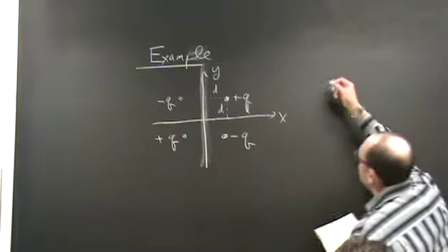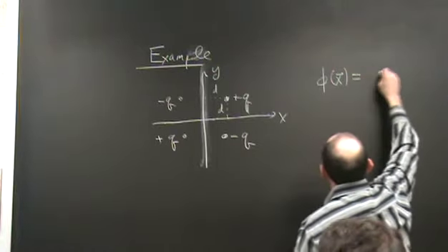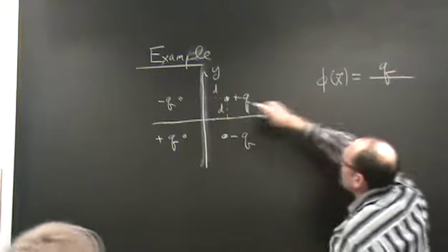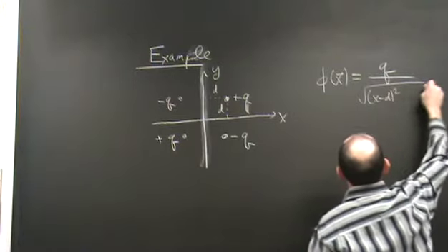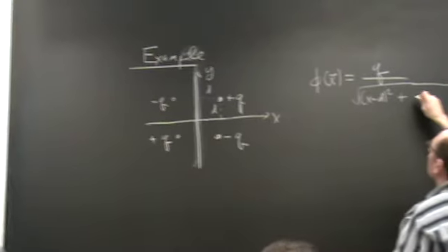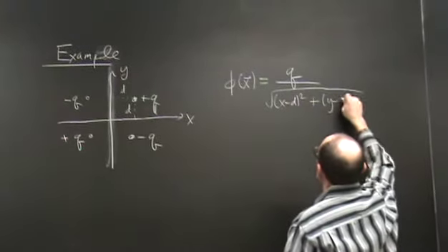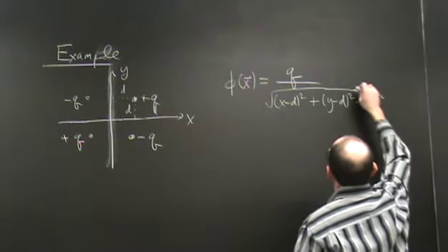Okay? So in this case, the exact potential, well, I have charge number 1, x minus d squared plus y minus d squared plus z squared.